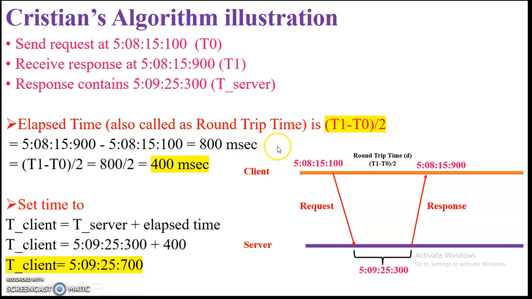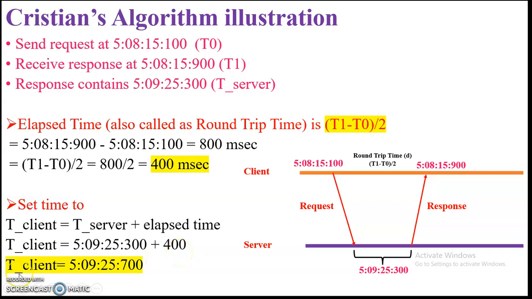Now we have to set the client to its new timing, or we can say the client has to match itself to the server's timing. How will it do that? By using the formula T client is equal to T server plus elapsed time. What is T server? T server is 5 hours, 9 minutes, 25 seconds and 300 milliseconds, plus the elapsed time that we have calculated, that is 400 milliseconds.